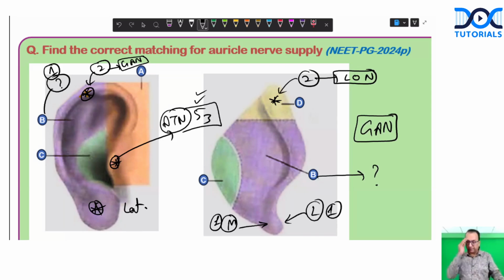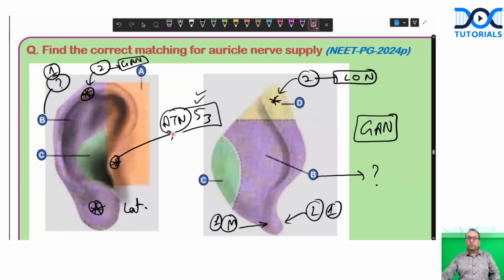That is the one which supplies there. To have a better view, I'll show you a diagram. But if you have a piercing in the tragus, it is A for A, anterior, auriculotemporal nerve. It supplies not only the auricle, but also the temporal region.